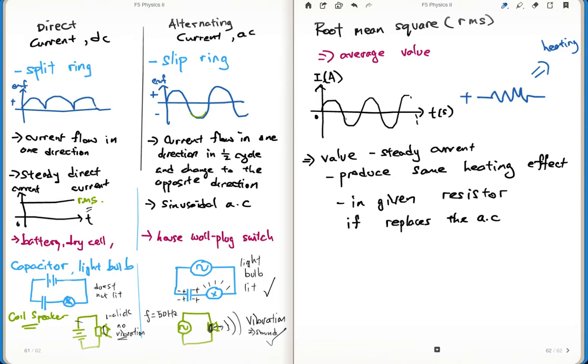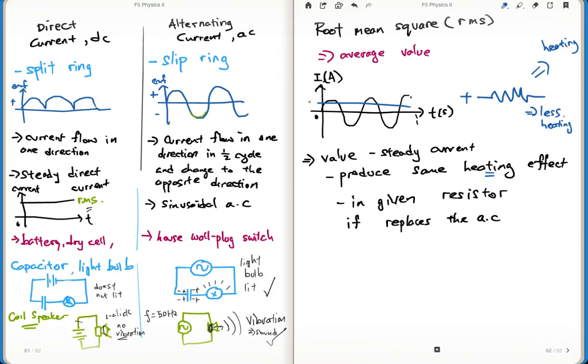If it were to be a sinusoidal, what happened? Current zero, maximum, zero, maximum. Here you have less heating. How are you going to get the same heating effect in a given resistor if it were to be replaced by the alternating current, I mean the average value?